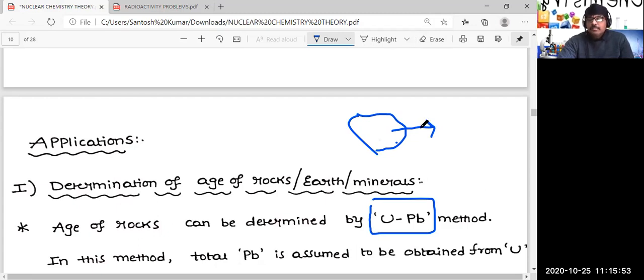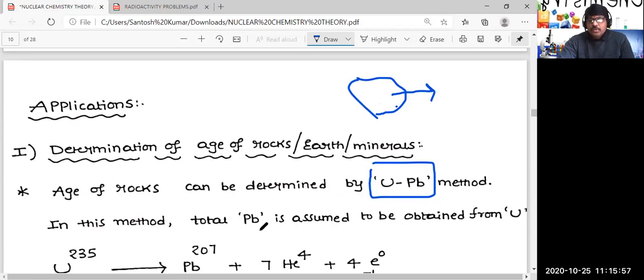That is the important assumption we are making. In this method, the total lead is assumed to be obtained from uranium. In reality, it may not be correct, but while finding the age of the rock, it's an approximate method, and we are going to make an assumption that lead is totally obtained from uranium.